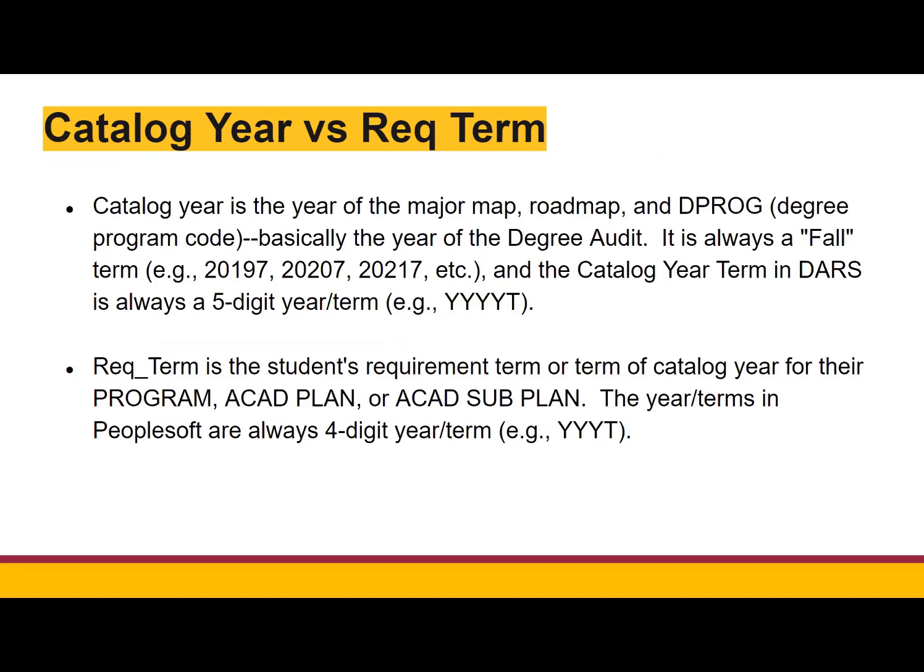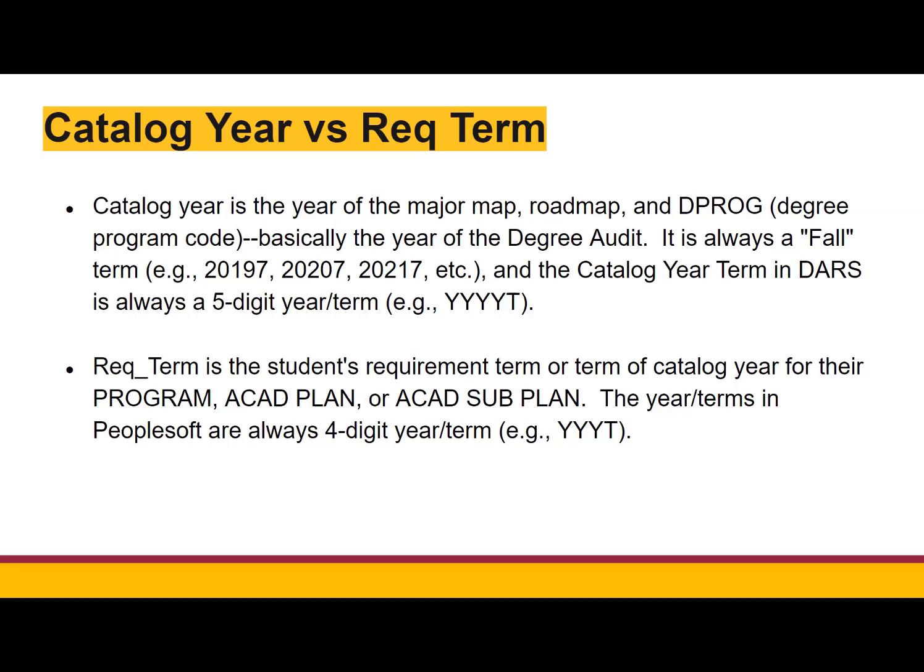Okay, the slides that I'm going to cover, maybe the next 5 or 6 slides, I'm really providing to give you some context about our tables. The first being catalog year versus requirement term. Catalog year is the year of the major map, the roadmap, the DPROG, which would be the degree program code, basically the year of the audit.